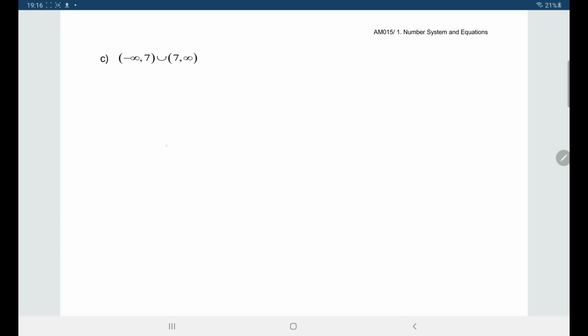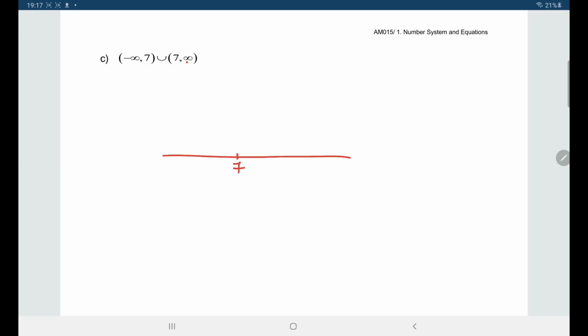For example, for C, infinite interval -infinity to 7 union infinite interval 7 to infinity. So first step, draw the number line, mark the number line using the end values of the intervals according to their values. From both intervals, the smaller value to higher value are -infinity, 7 and +infinity. Okay, so we mark here number 7.